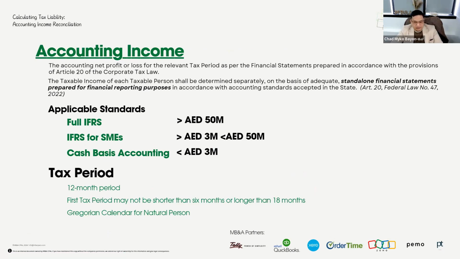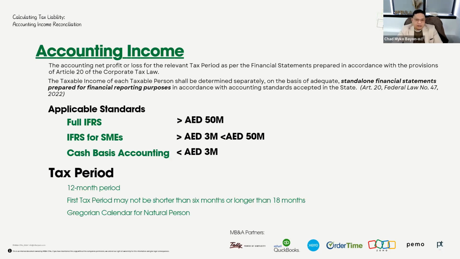The reason being is it will be needed for you to be able to calculate your taxable income for UAE corporate tax purposes. So when you're doing the filing, you need to have your financial statements ready, and that financial statements, which is having your accounting income, will be the first determining point in terms of calculation for your corporate tax liability. So that's under the law.